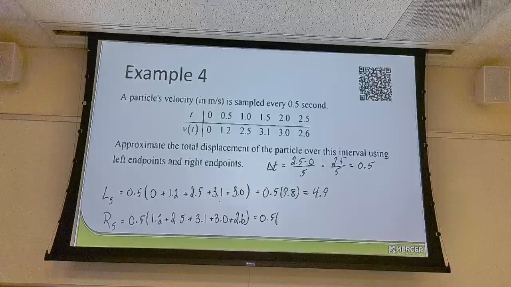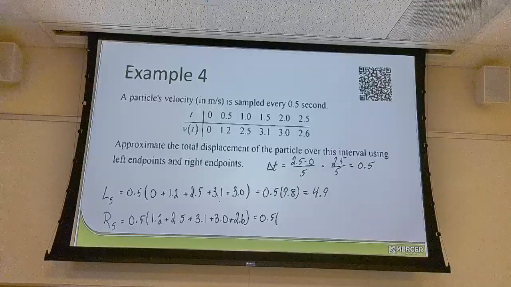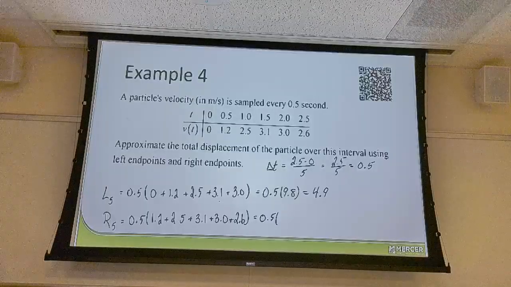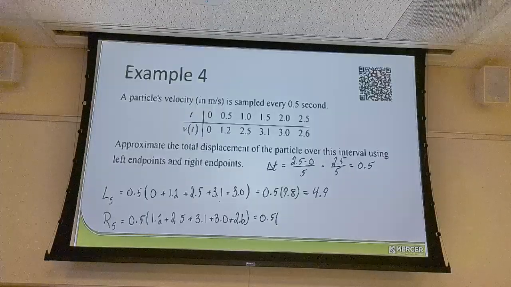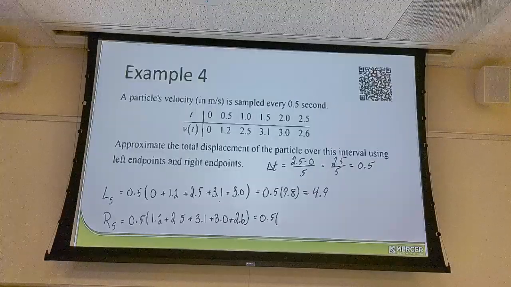Because that's 6.1. That would be 5.1, wouldn't it? 2.5 plus 2.6 is 5.1. 5.1 and 6.1, that's 11.2, right?